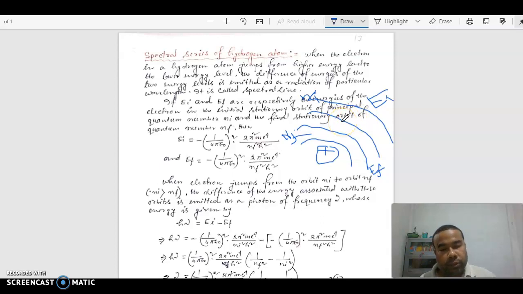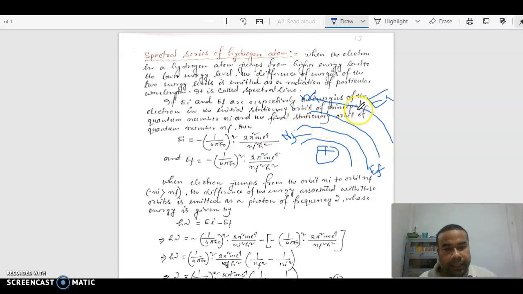According to Bohr's postulates, energy is radiated when an electron jumps from a higher energy level to a lower energy level. When an electron absorbs energy, it jumps from a lower energy level to a higher energy level. You see the diagram, I have shown some lines. This is the nucleus and these are the orbits where electrons are revolving.